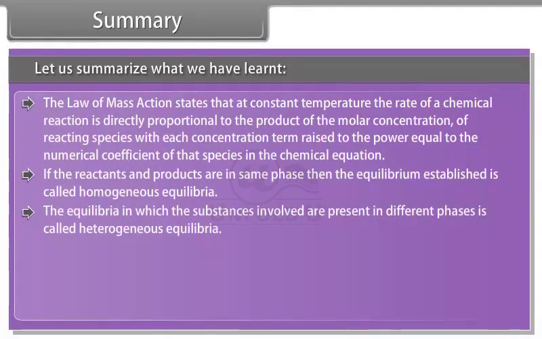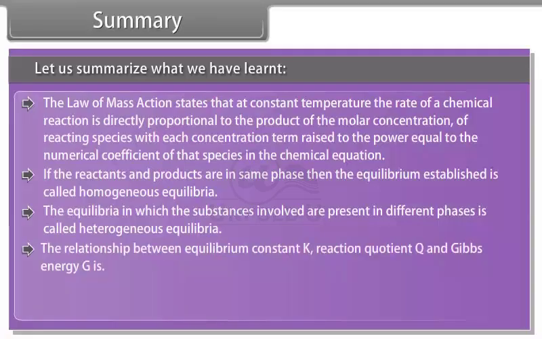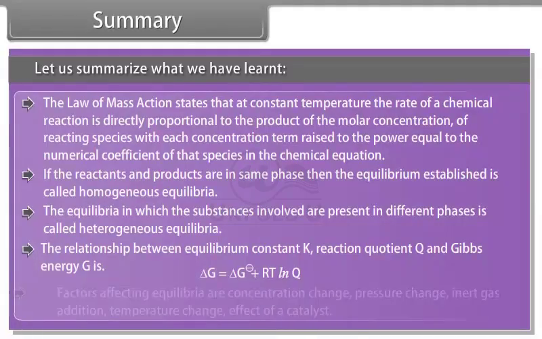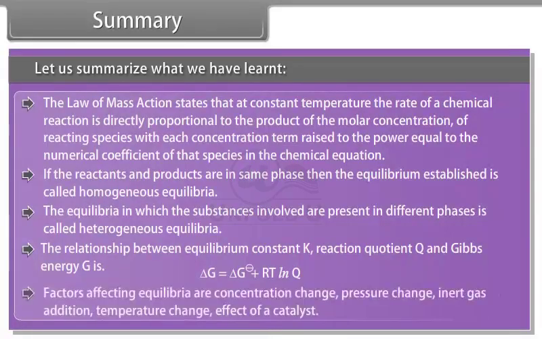The equilibria in which the substances involved are present in different phases is called heterogeneous equilibria. The relationship between equilibrium constant K, reaction quotient Q, and Gibbs energy G is given by the equation. Factors affecting equilibria are concentration change, pressure change, inert gas addition, temperature change, and effect of catalyst.